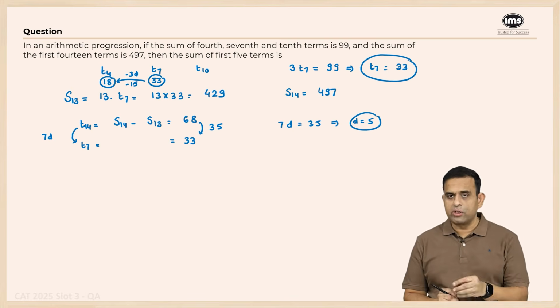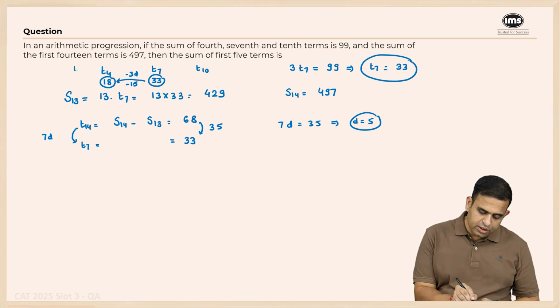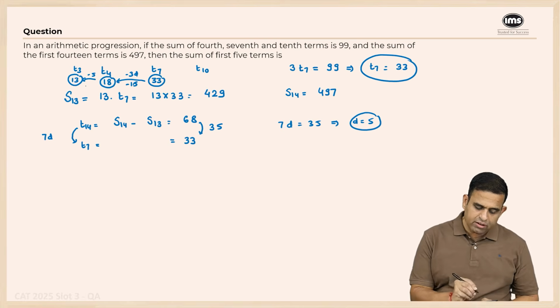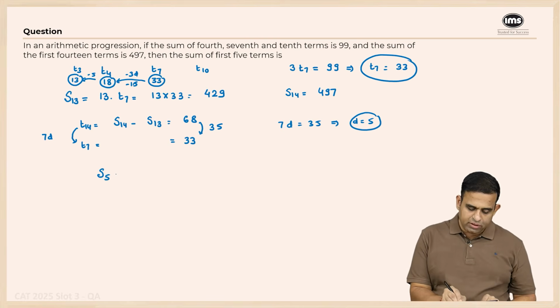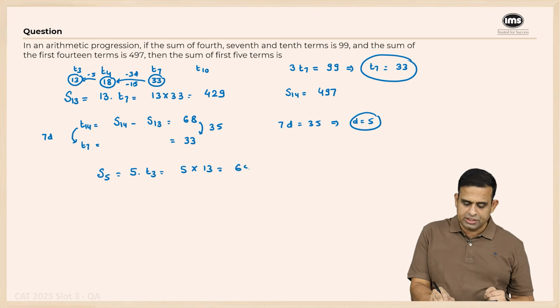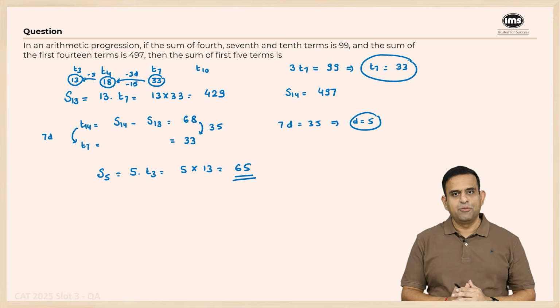And since D is 5, your 3rd term will be 5 less than 18, giving you 13. And since the objective is to find the sum of the first 5 terms, which has to be 5 times T3, it must be 5 times 13, giving you 65. That is the required answer for this particular question.